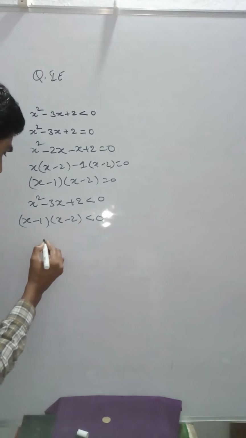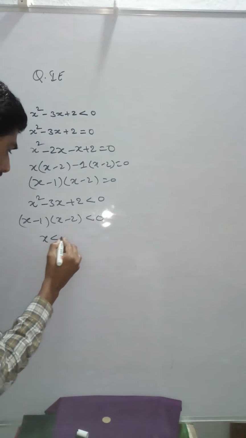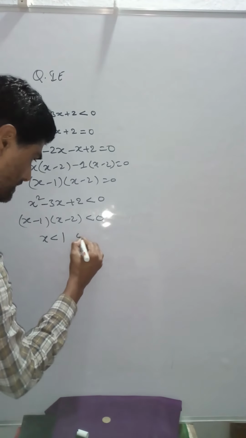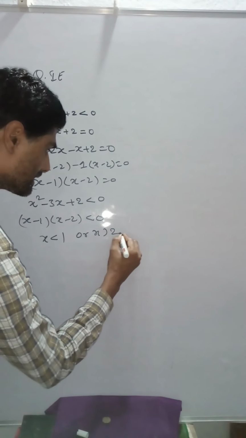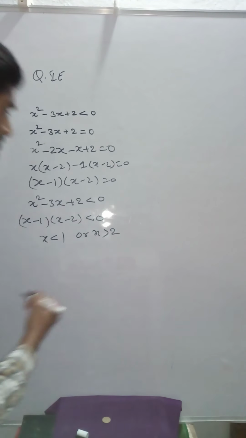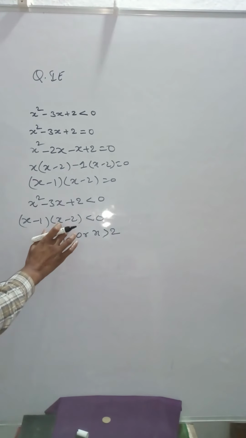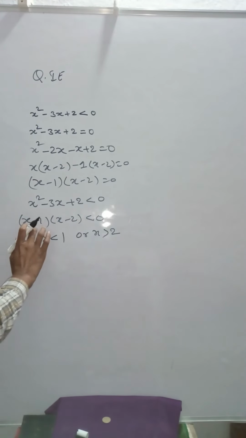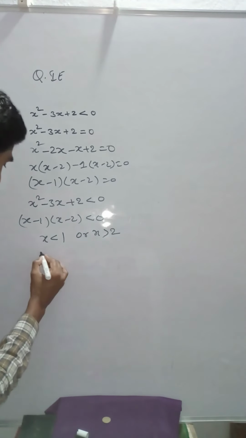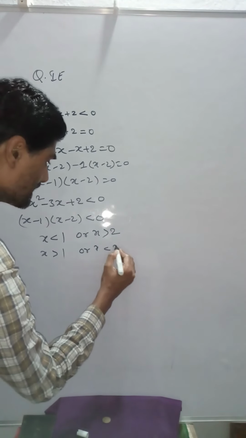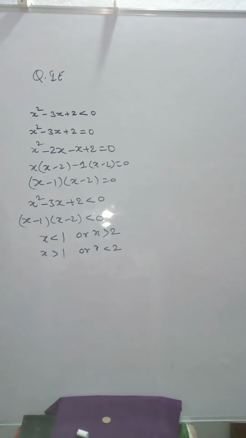What are those two cases? Either x is less than 1 in one case, or x should be greater than 2. If you take here negative, if you take here greater than 2, what happens? Minus into plus will be minus, which is less than 0. Or x is greater than 1 or x is less than 2. You need to specify like this.